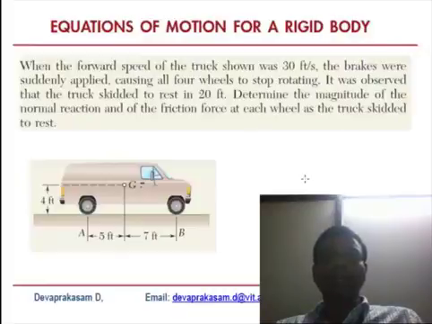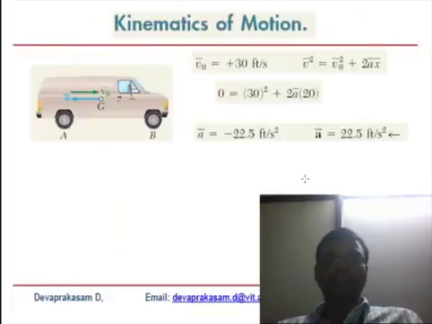You take that into account using the equation v squared equals u squared plus 2ax to find ax. We know the initial speed is 30 feet per second, and since the truck comes to rest, the final velocity is 0. You substitute that and find the acceleration a.